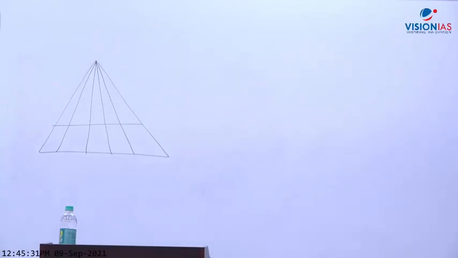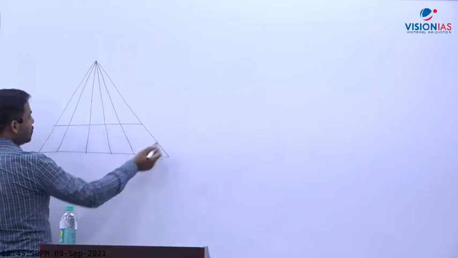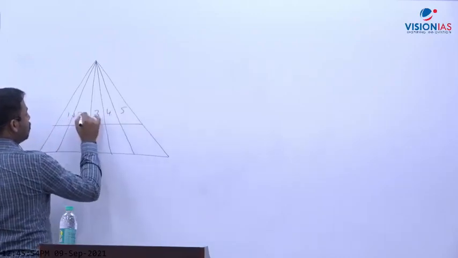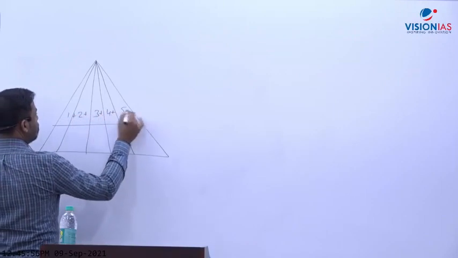Yes. So we have two baselines, and on each of the baselines we are getting 5 triangles.